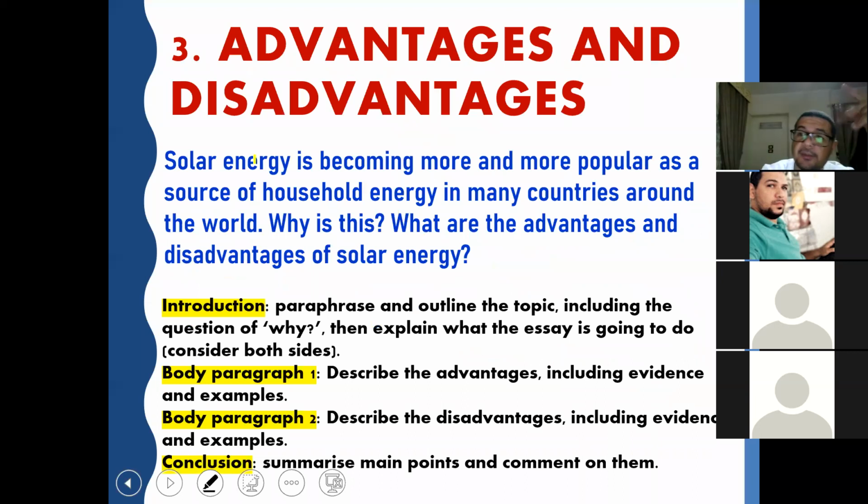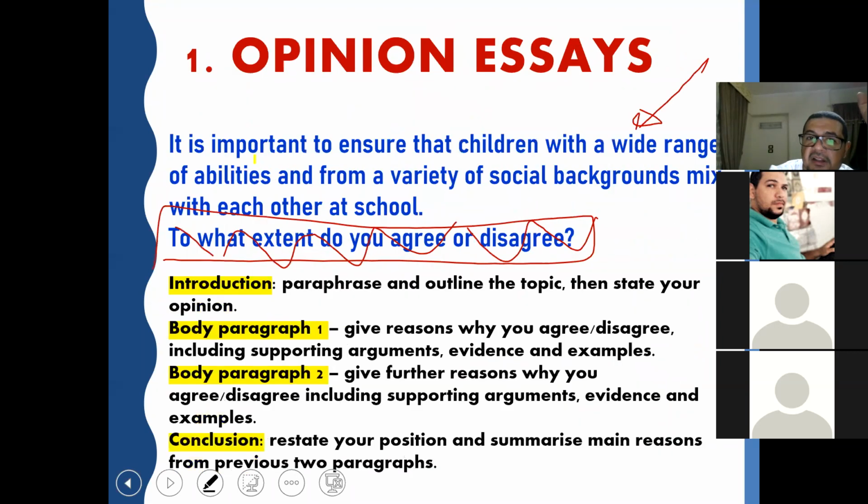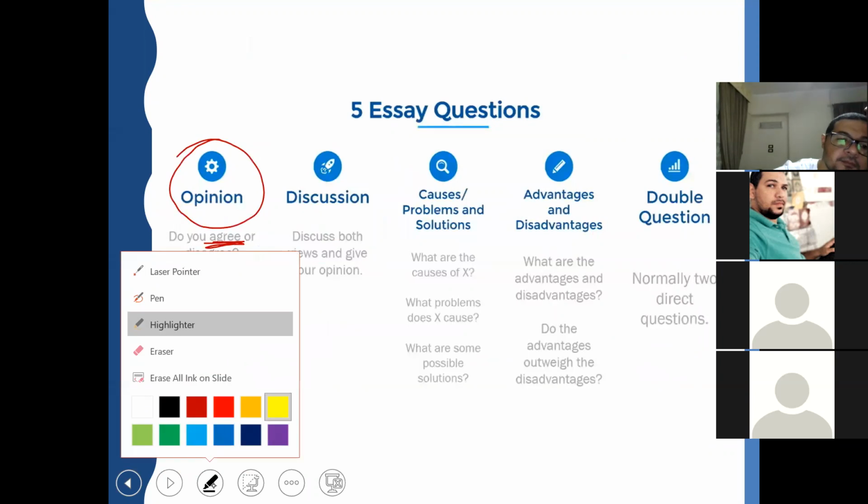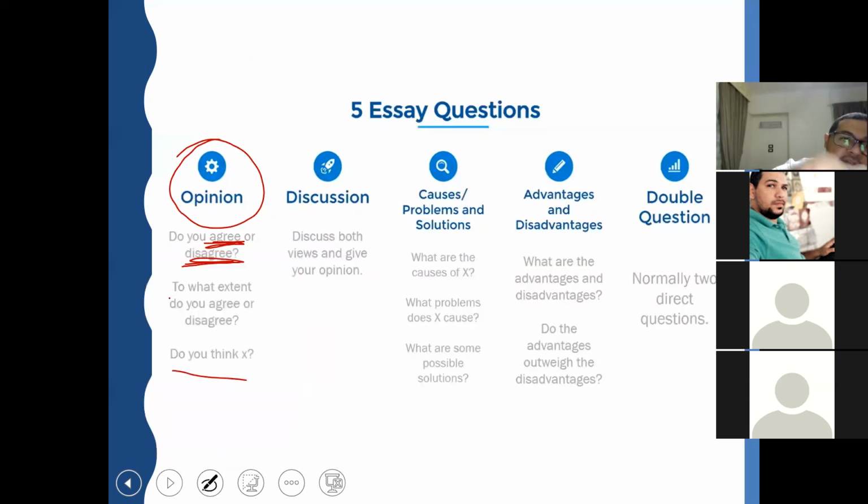So far we talked about two types of essay questions. The third type, which is a very easy one, is advantages and disadvantages essays. Let me go back again here. So we are done with opinion essays and discussion essays, which is discuss both views and give your own opinion.